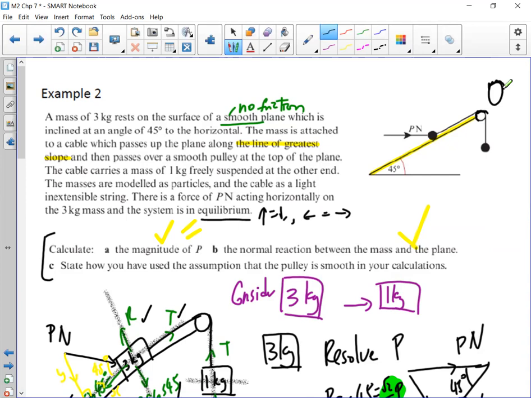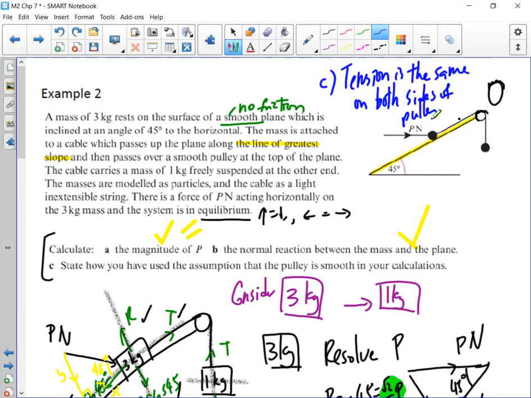Next, if there's no friction there, it means all the tension passing through from one end to the other is the same. So for our answer in part C, it will be: the tension is the same on both sides of the pulley.